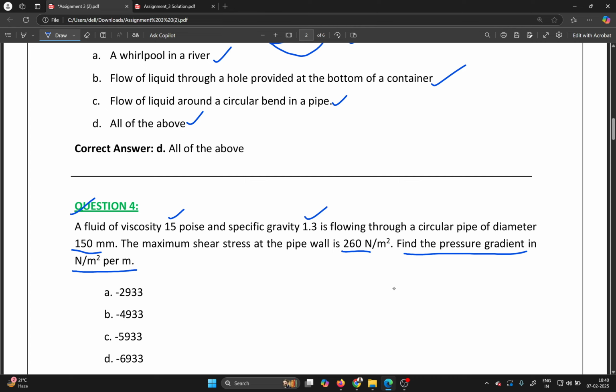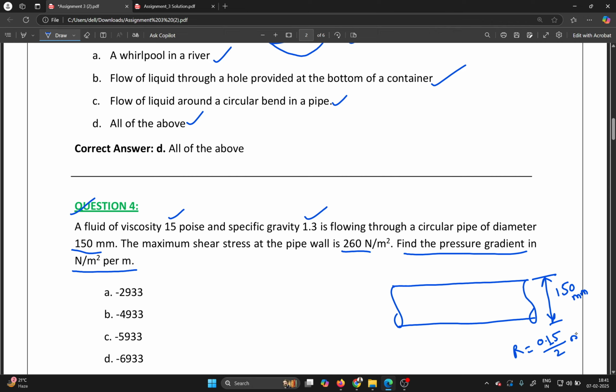So how will you calculate? Let us suppose this is a pipe. Just for your understanding, I am going to draw it, and here the diameter given is 150 mm. So your radius will be 0.15 by 2 meter.